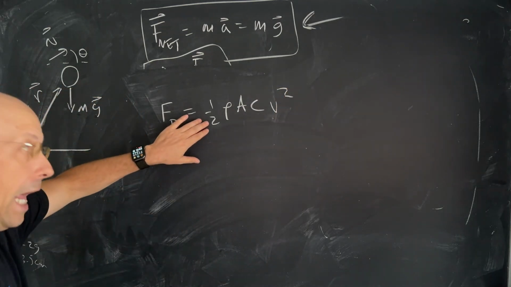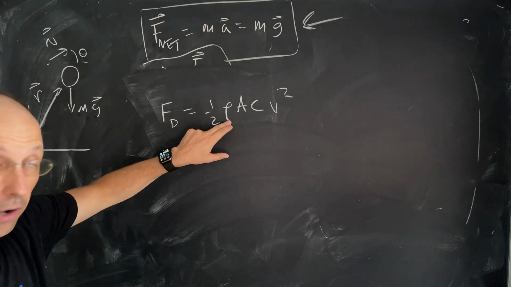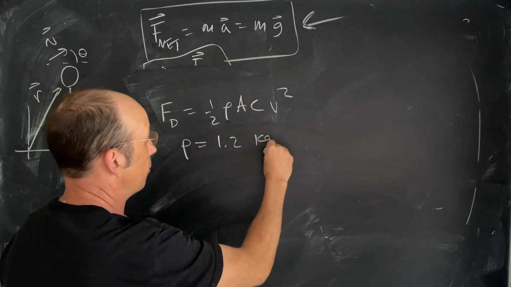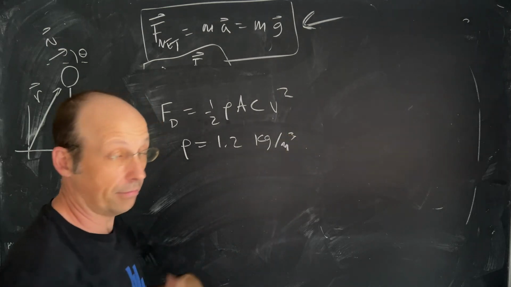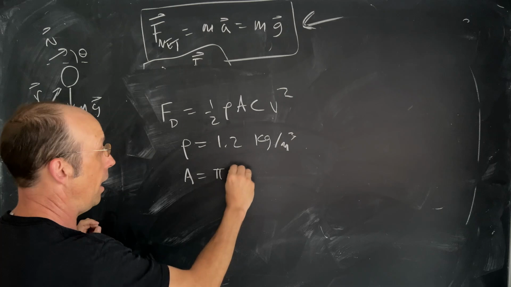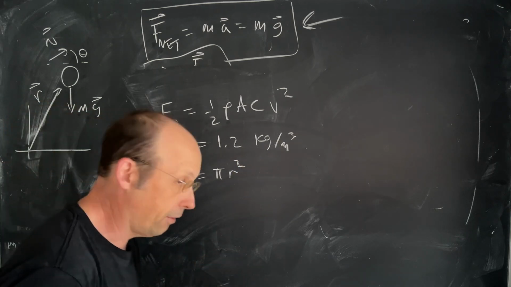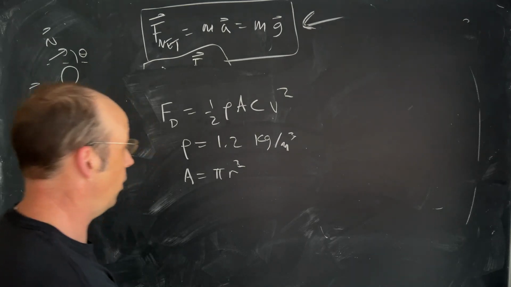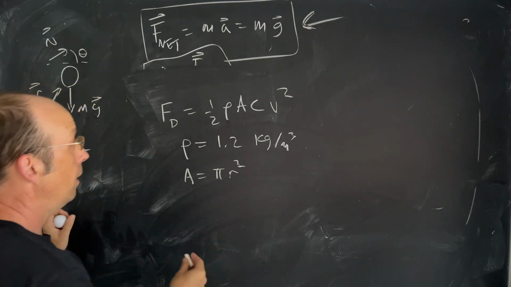So this is the number 1/2. This is the density of the air, which has a value of 1.2 kilograms per cubic meter for air. A is the cross-sectional area, so that's going to be pi r squared, because it looks like a circle, right? So we only care about that area right there, and r is the radius of the ball.